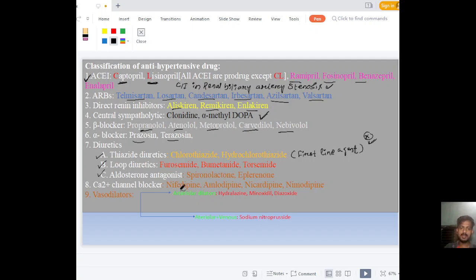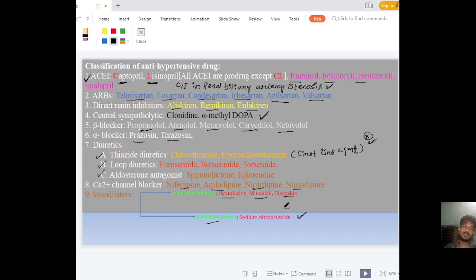Then calcium channel blocker drugs are nifedipine, amlodipine, nicardipine, nimodipine. In case of vasodilators, the drugs are arteriolar dilators hydralazine, minoxidil, diazoxide, and the arteriolar plus venous dilator is nitroprusside.